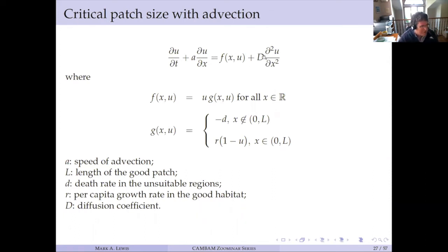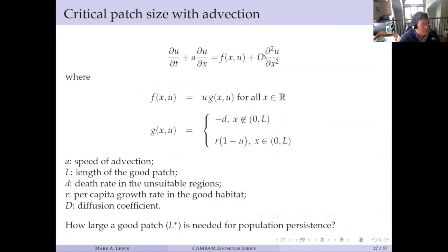We can look at this problem and think about whether we could have a non-trivial solution. We might say there could be a zero solution, and we want to have a solution that persists. So you might ask yourself, how large a patch do we need, L star, for a population to persist in the system?